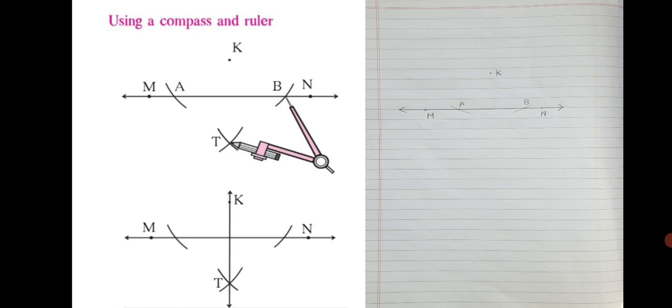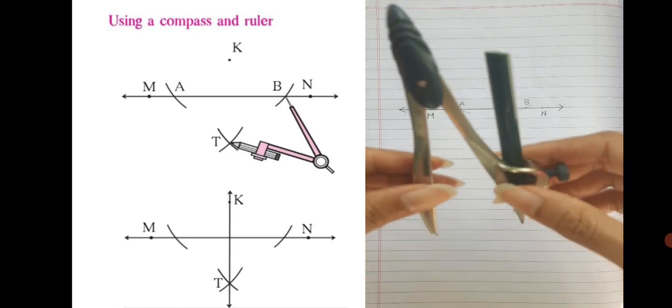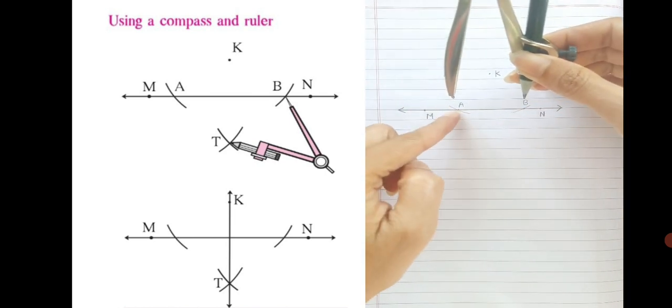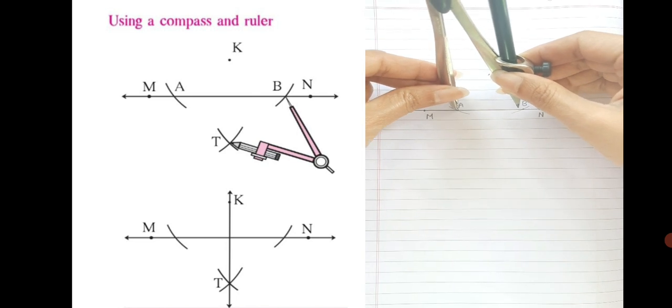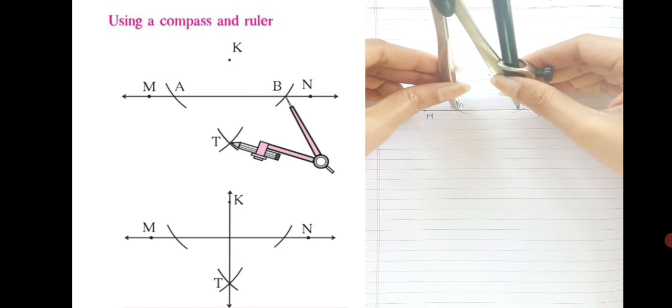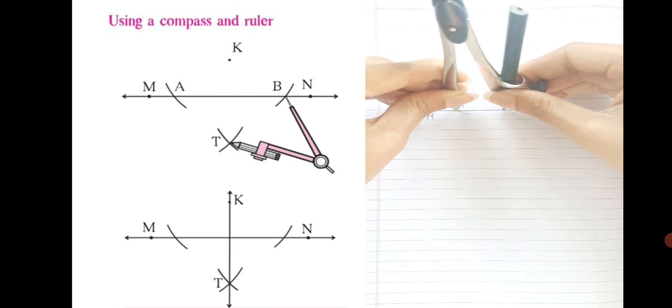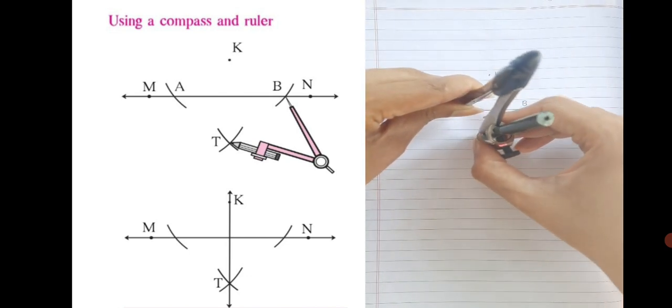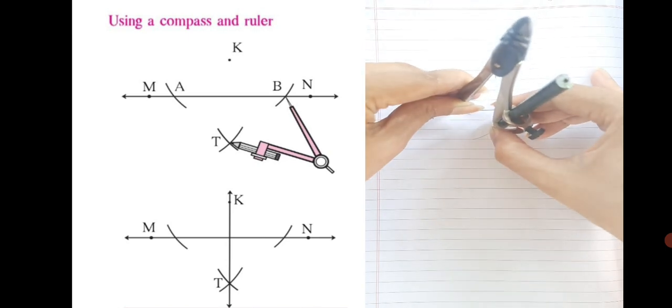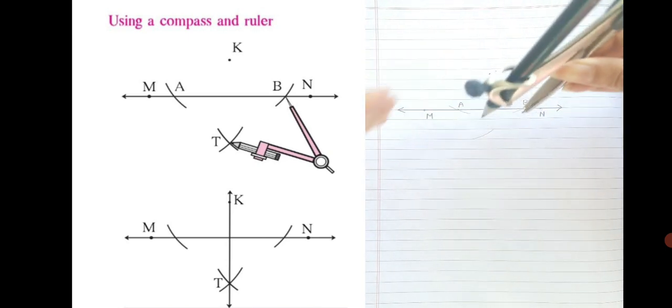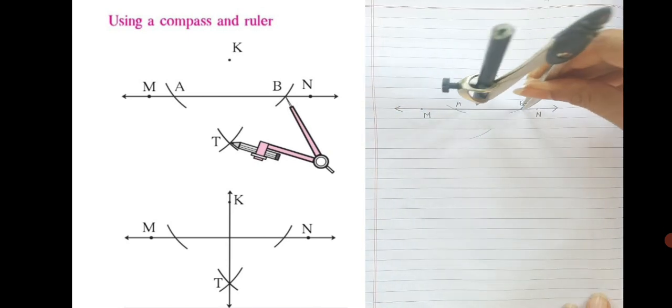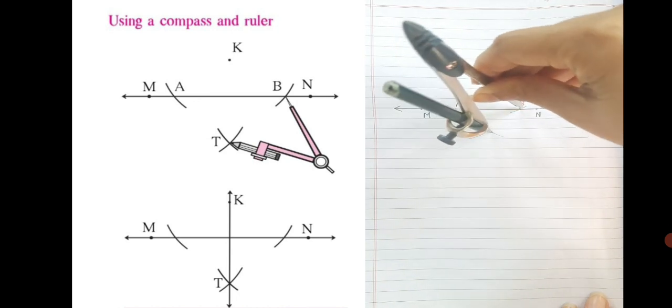Now take your compass again and place the compass point at A and taking a distance greater than half of AB, where B is there, close to it, not more than B but close to B. We take the distance and mark one arc down, and then from B we repeat.